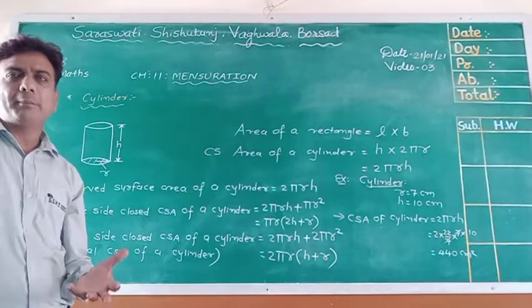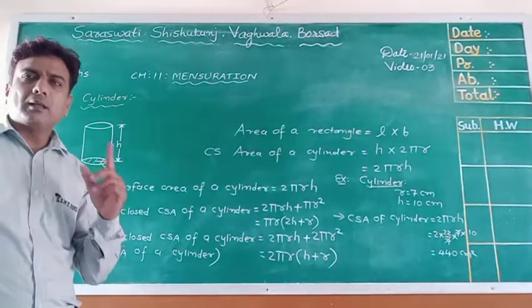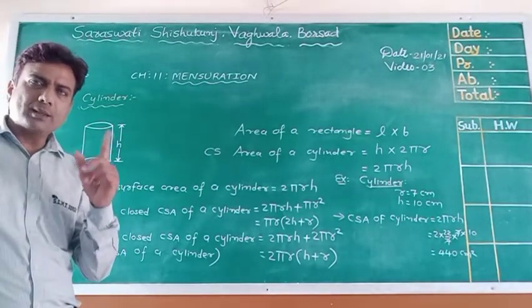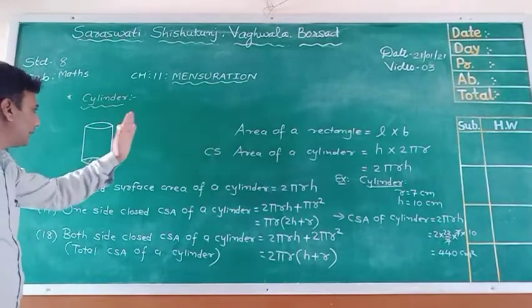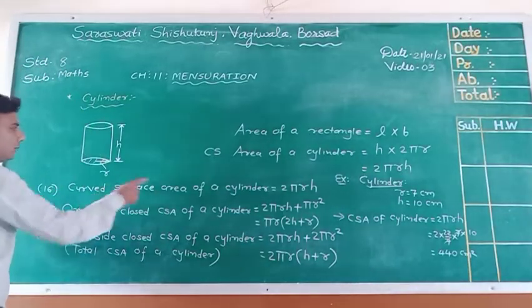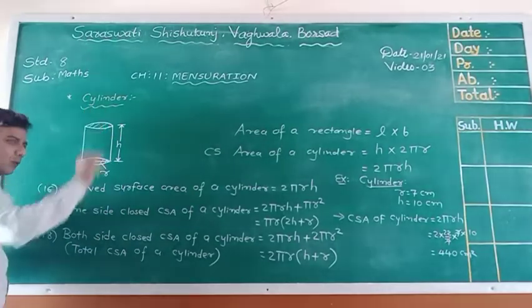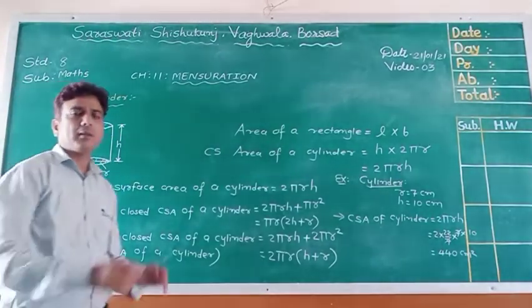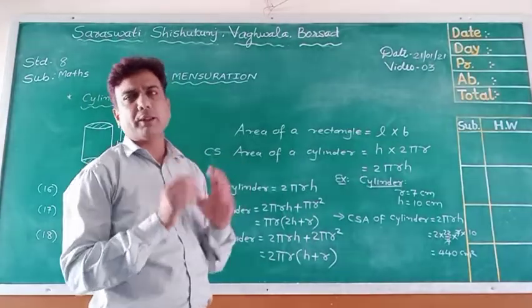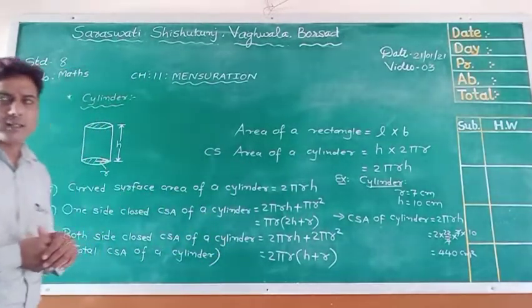Once again I repeat this. First, curved surface area of a cylinder equals 2 pi r h. Both sides open means hollow cylinder, curved surface area of hollow cylinder is 2 pi r h.